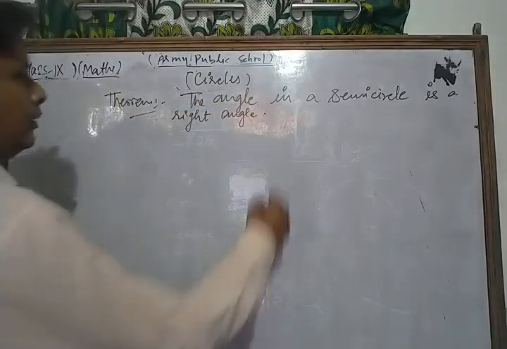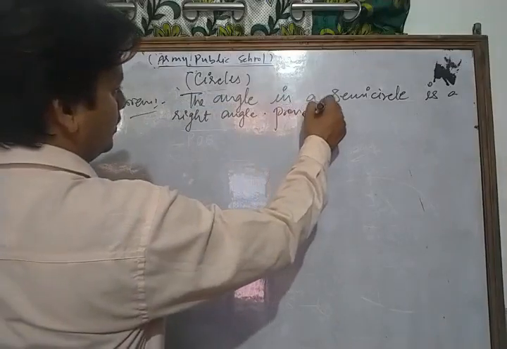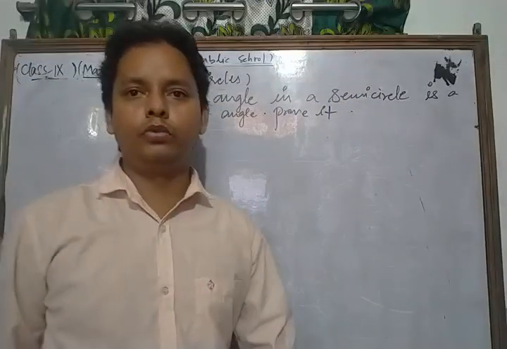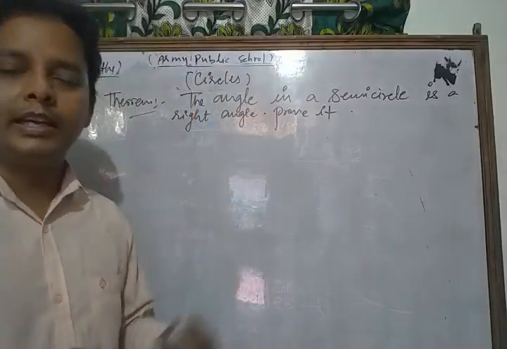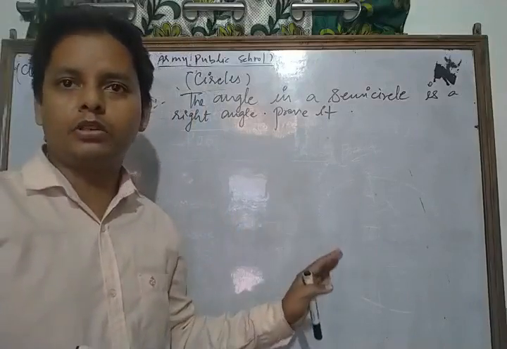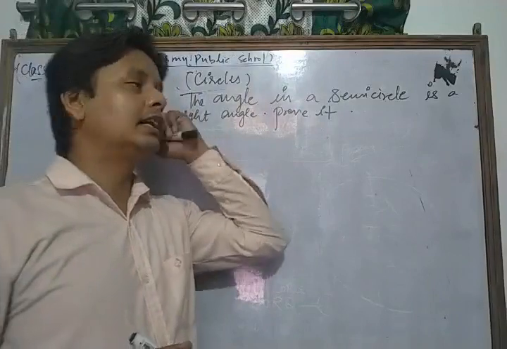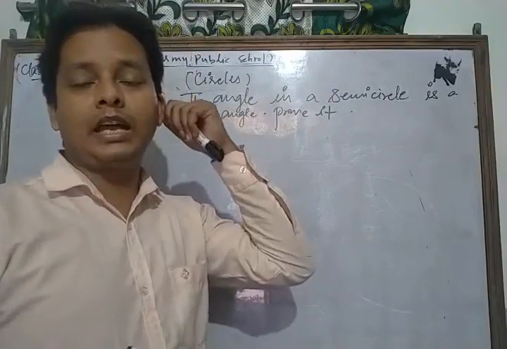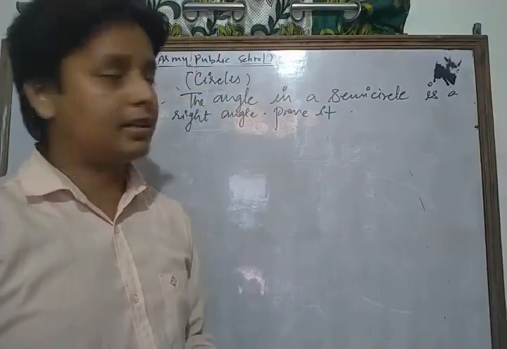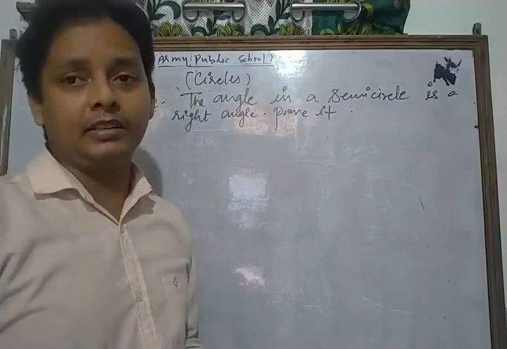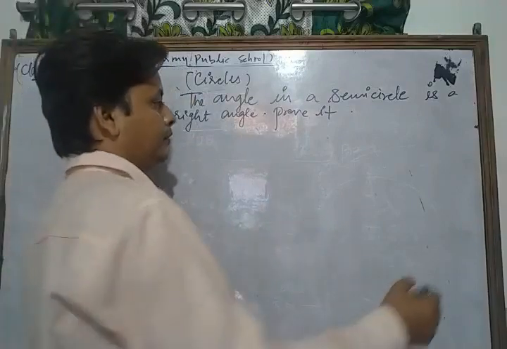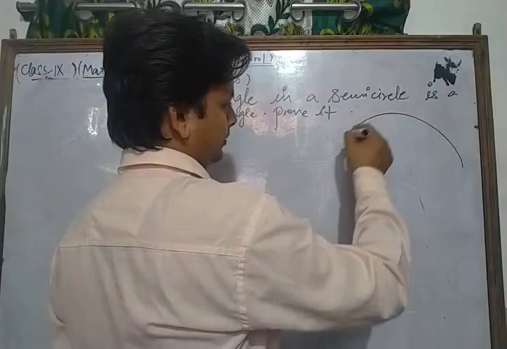Prove it. This is also a very important theorem, and we have to show that the angle in a semicircle is a right angle. Prove it. So first of all, we draw a circle.